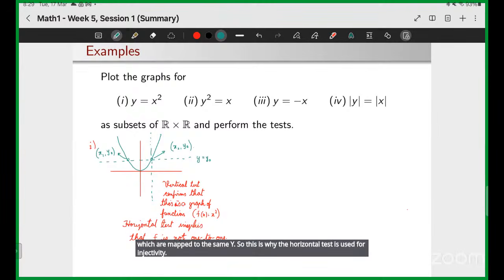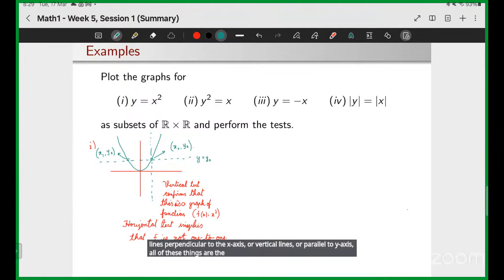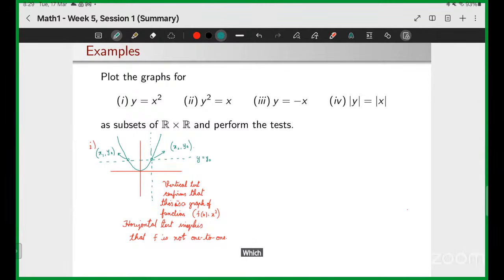So once again, to summarize, vertical test is when you draw lines perpendicular to the x-axis, or vertical lines, or parallel to the y-axis. All of these things are the same. And even if there is one line which intersects the graph in more than one point, then the given graph is not that of a function.